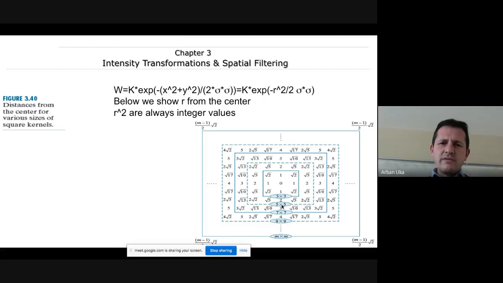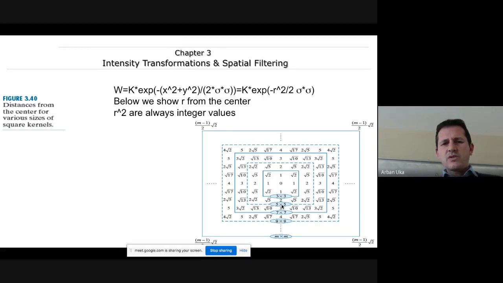So here we have the filter. This is how a Gaussian filter looks like. Its k is the amplitude, exponential, x squared, y squared, etc. And now, if the data that you are analyzing is an image, we know that we are jumping from one pixel to another, which means that we are moving 1, 2, 3, 4. When you calculate the square of 2, it's 4, plus another 2 squared, 4.